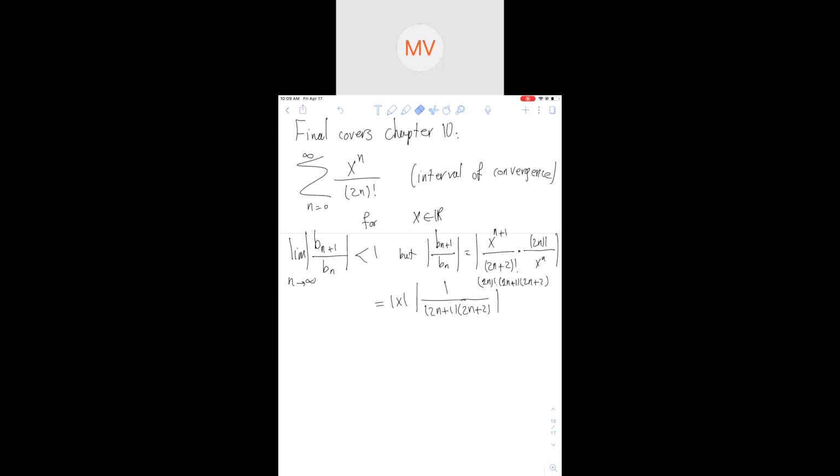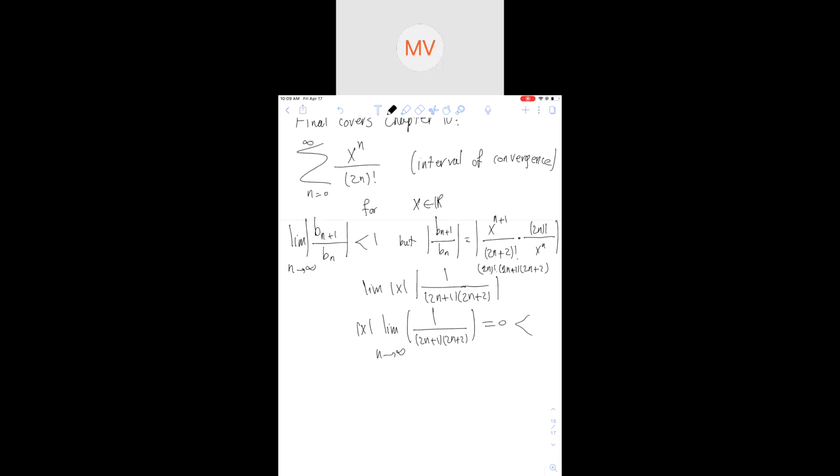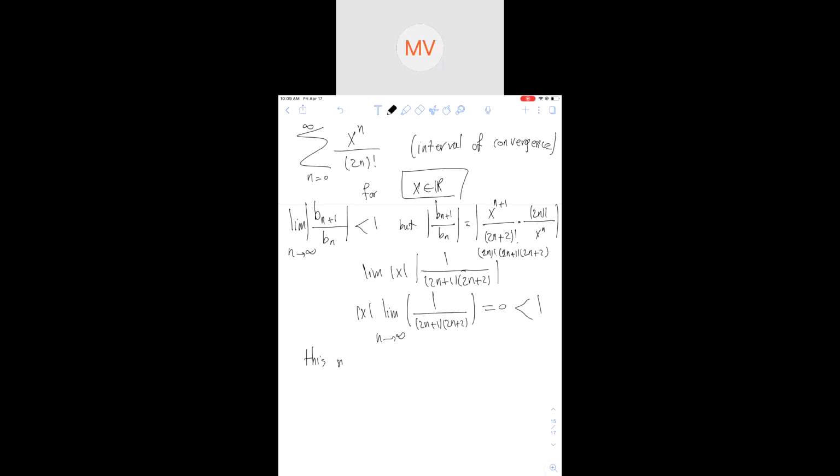Okay? And when you take limit of this, it's absolute value of x, and then the limit of 1 over 2n plus 1, 2n plus 2. That's 0. So what does it mean? That means no matter what x is, this means for any x in R, series converges.